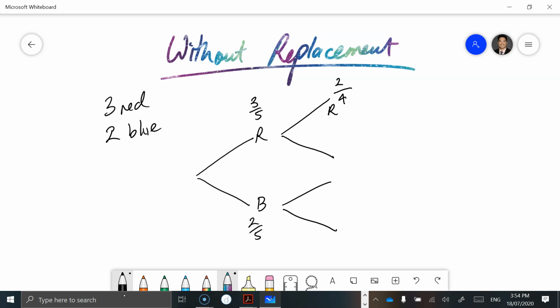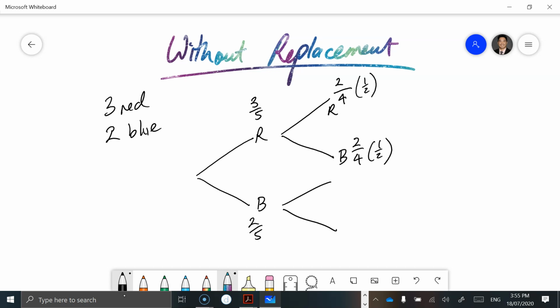And I'm going to put in brackets a half because I want to simplify it. To get a blue, obviously we still have 4 counters left, but there's still only 2 because you've only selected a red out. So 2 out of the 4, which is also half, you have the 50-50 chance of getting a blue or a red the second time round.